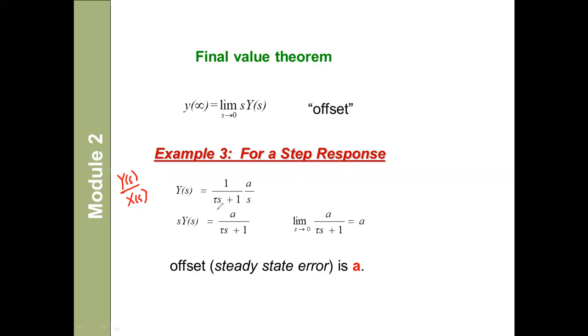So from this original expression, we are determining the step response when your x of s is equal to A over s. Don't worry for now why it is A over s, because I'll be discussing it specifically in responses. So your original y of s over x of s is now changed into this, wherein your x of s was cross multiplied, or transferred by multiplication, to the right side.